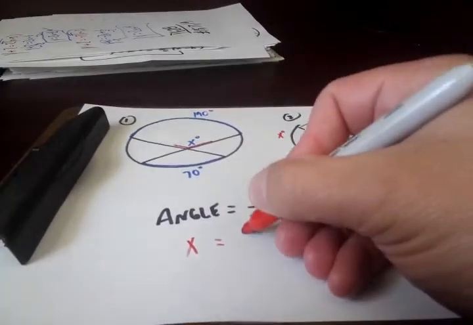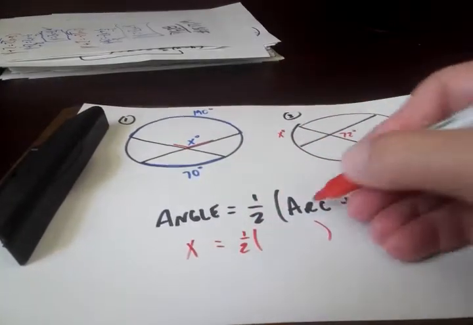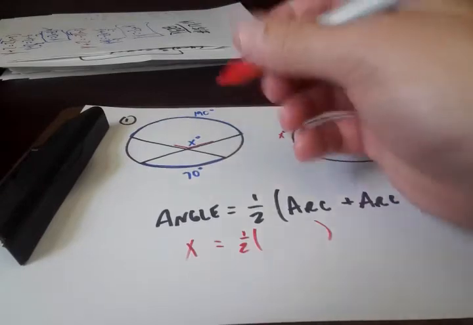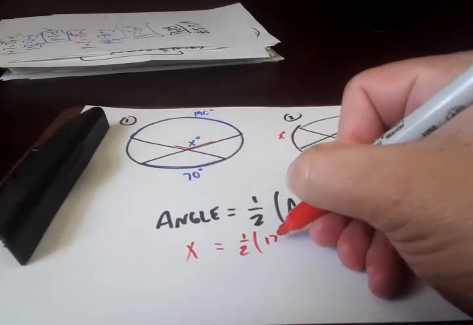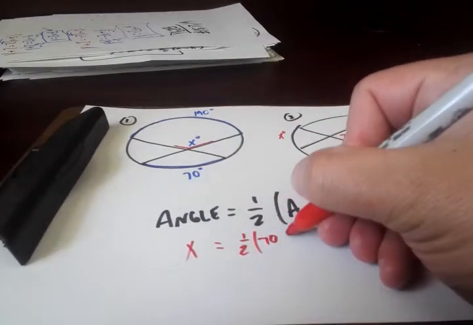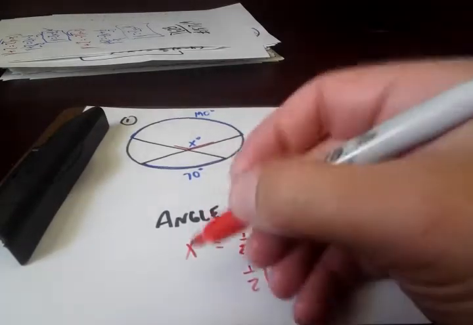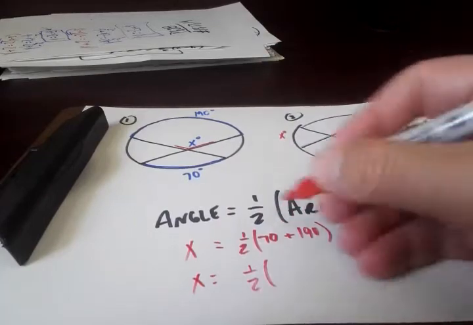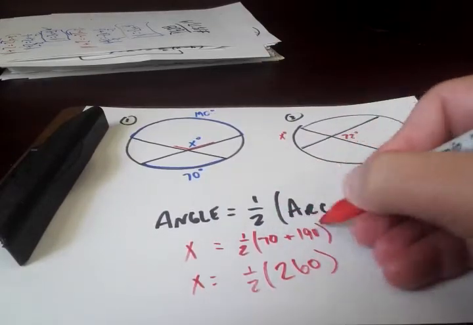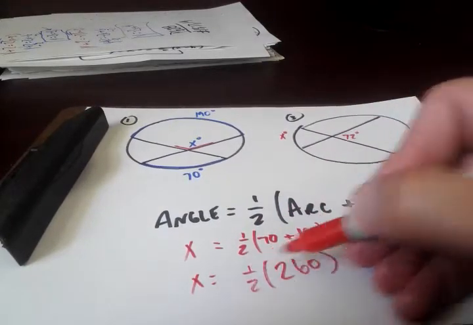We'll say equals 1/2, right? Now we just add the arcs, arc plus arc. So you can say 70 plus 190. And I think what you get is 260, right? What's 1/2 of 260?